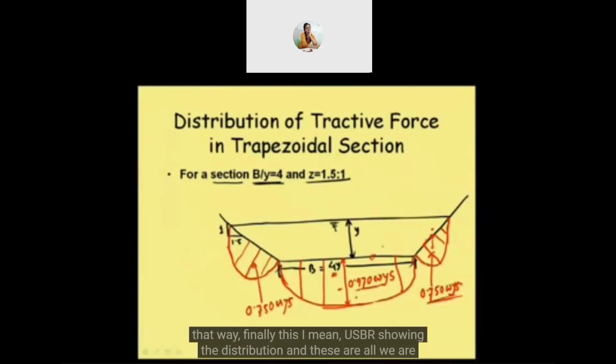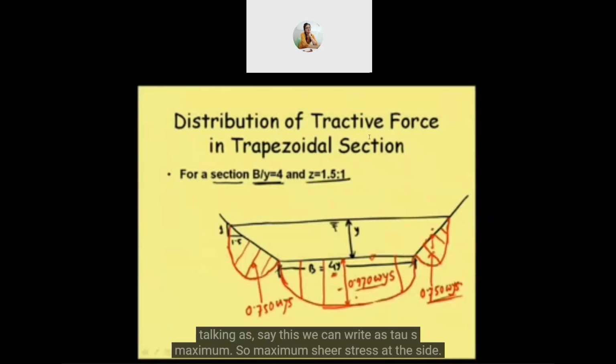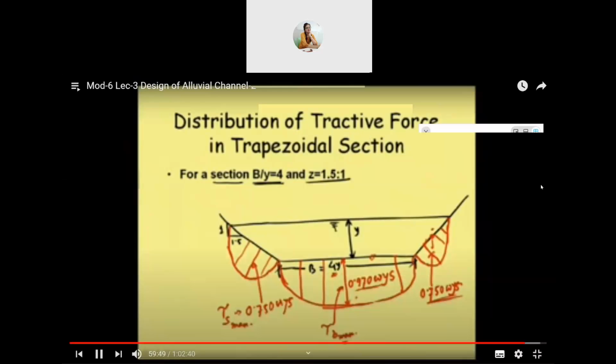So finally, in the USBR distribution that I am just showing, we can write this as tau S max, the maximum shear stress at the side, and this as tau B max. That means out of all the bed stresses, it is the maximum.